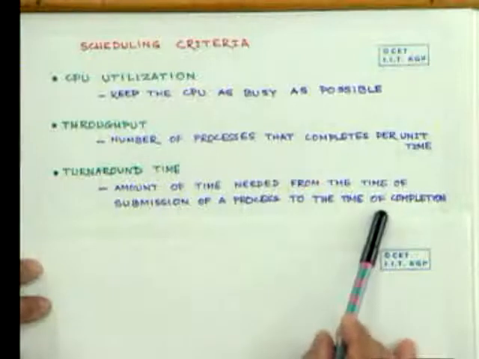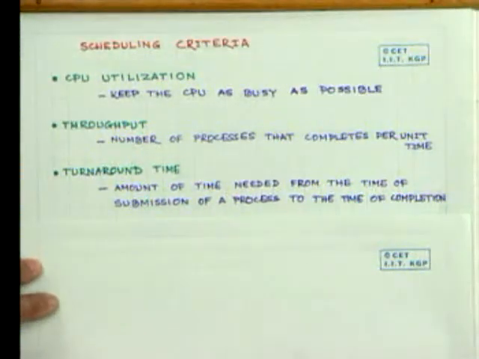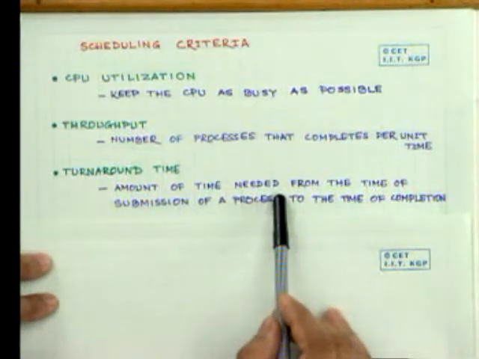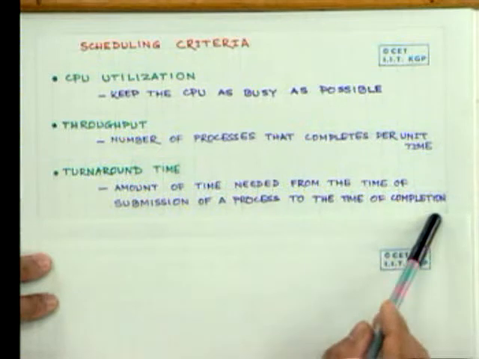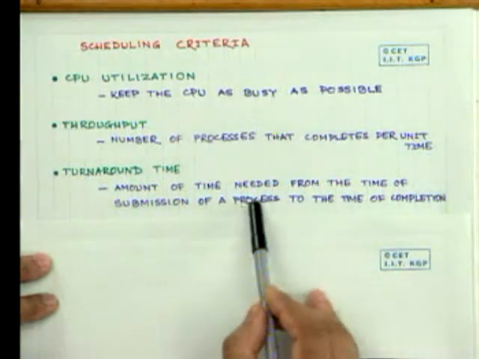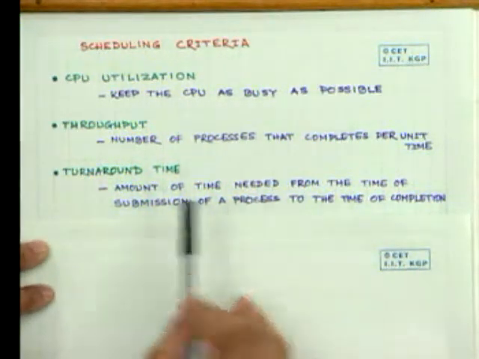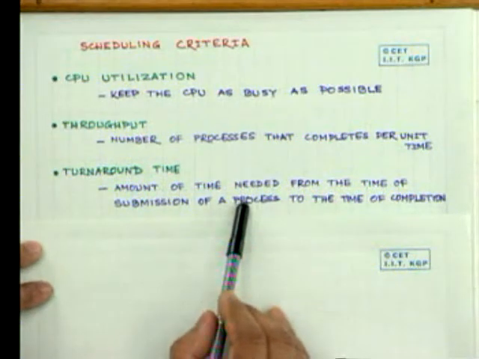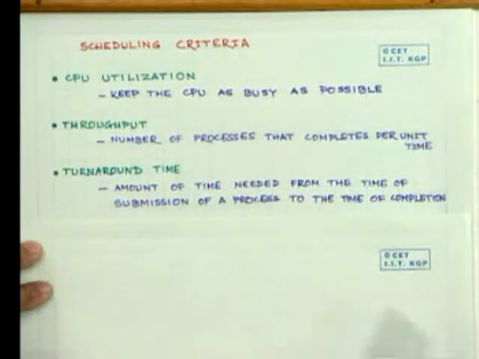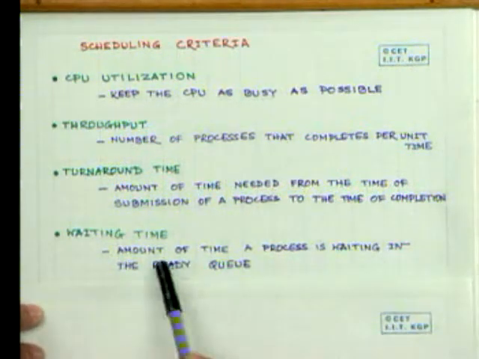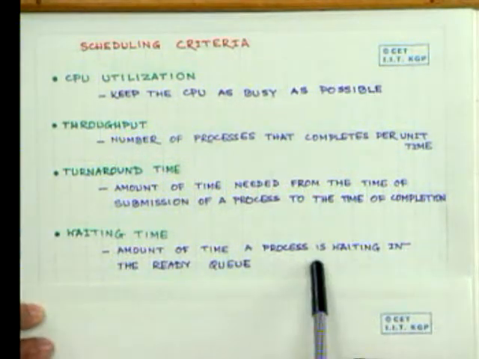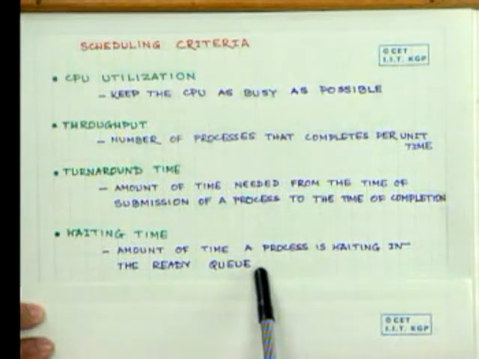Then there is another aspect that one has to consider. That's the turnaround time, the amount of time needed from the time of submission of a process to the time of completion. When we say submission of a process, here in fact it is submission to the system itself. Then the waiting time, the amount of time a process is waiting in the ready queue.